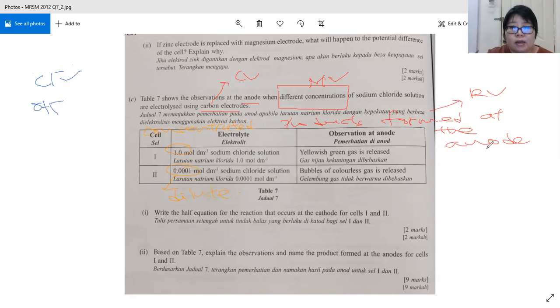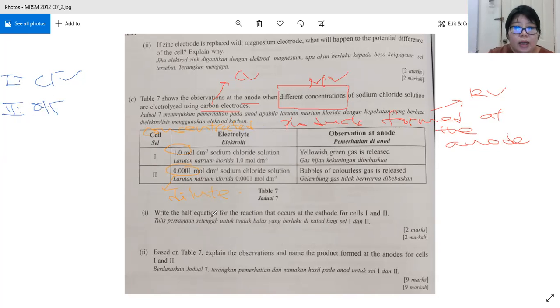That's why you are getting a yellowish green gas released. Now, if it is a dilute solution, so straight away you choose the ion which is lower in the electrochemical series, which is the hydroxide ion. So the ion which is selectively discharged for set 1 will be chloride ion, and the ion which is selectively discharged in set 2 is the hydroxide ion. Therefore, you get colorless gas bubbles released.